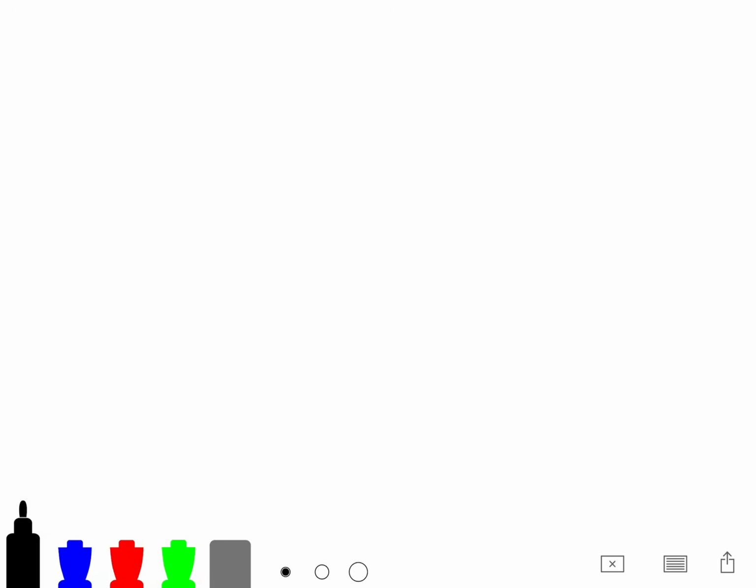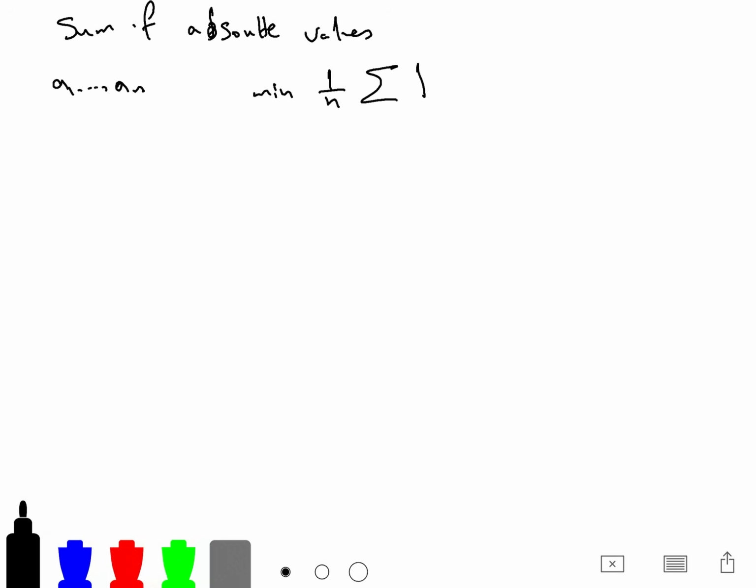I want to show you another example, but this time it is non-smooth. It is the sum of absolute values. We have a_1 to a_n, and the objective function you want to minimize is 1 over n times the sum of absolute values of a_i minus x.